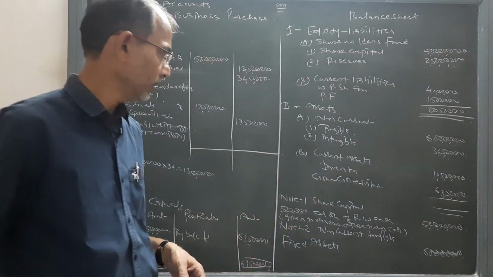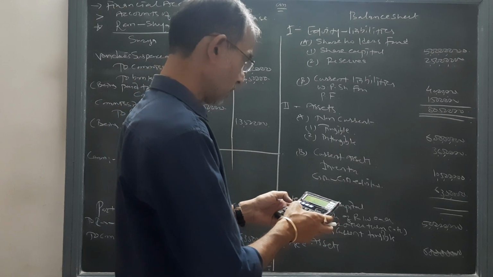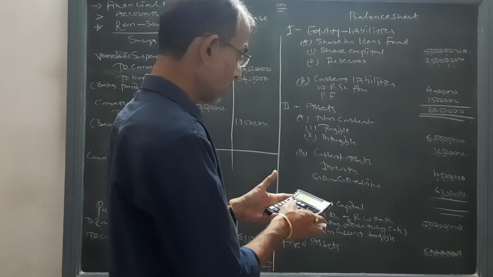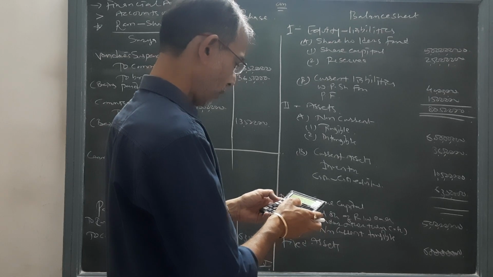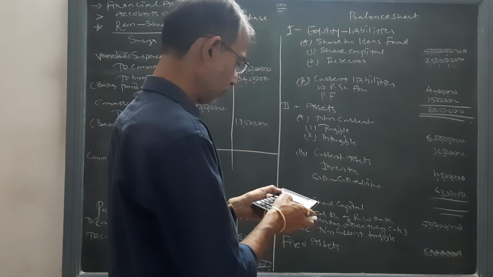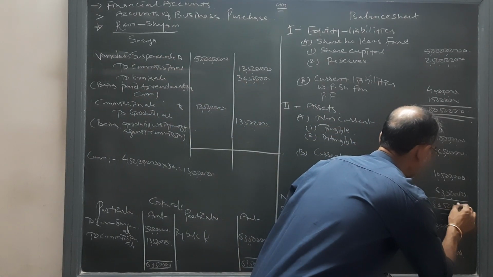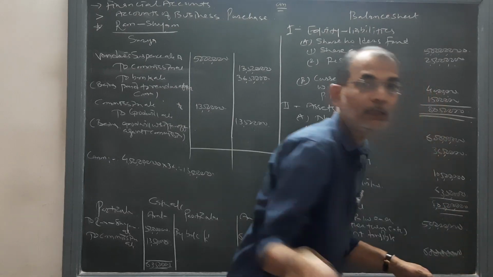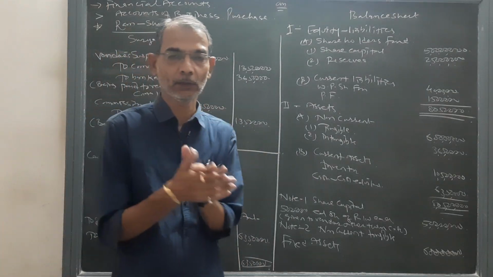Now if I tally the total of assets is 6 crore plus 36 lakh 50,000 plus 1 crore 5 lakh plus 63 lakh 50,000, 8 crore 5 lakh. In this way balance sheet will also be tallied.